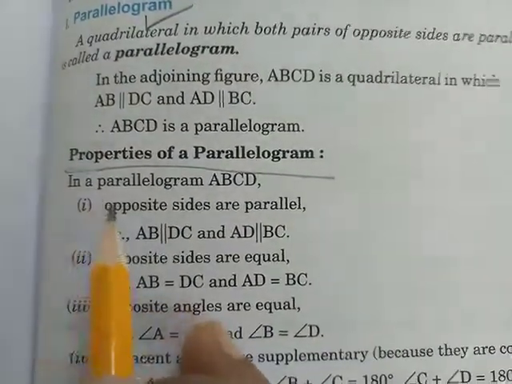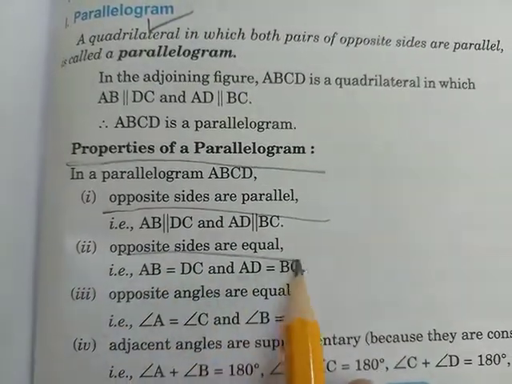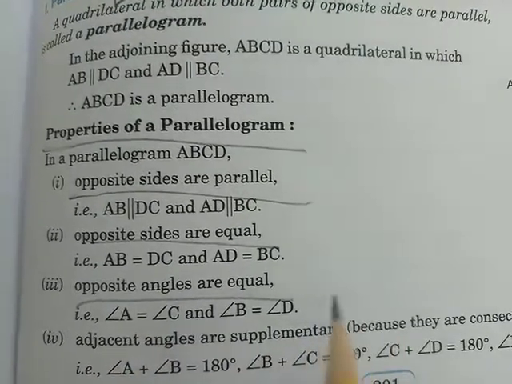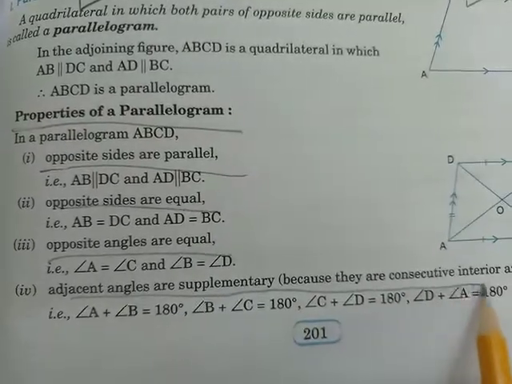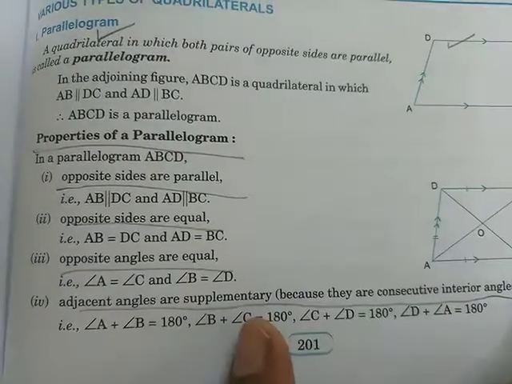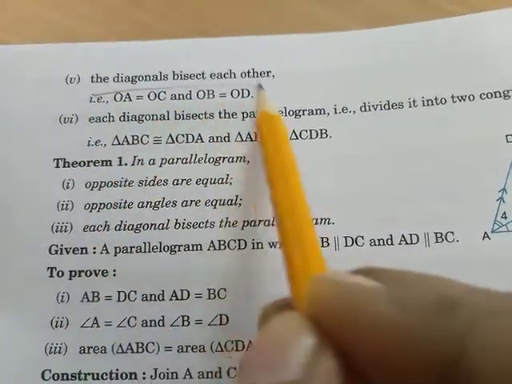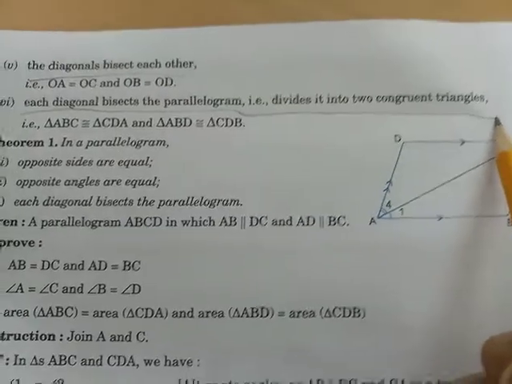No need to write the alphabets, you can simply write the statements: opposite sides are parallel, opposite sides are equal, opposite angles are equal, adjacent angles are supplementary. Similarly, the diagonals bisect each other. Each diagonal bisects the parallelogram into two congruent triangles.